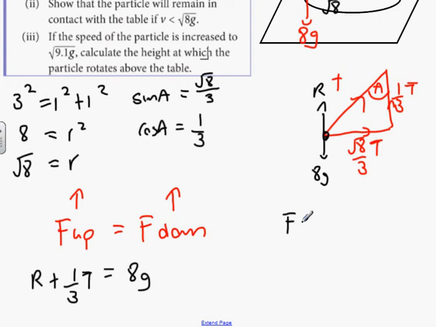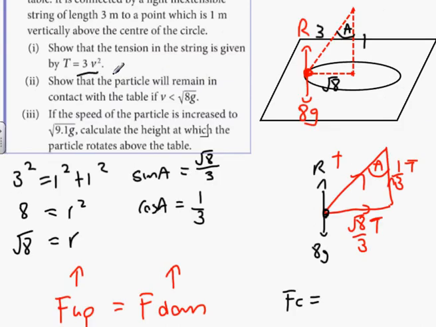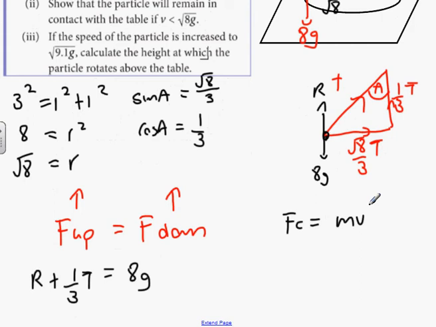And then centripetal acceleration, is it mv squared, or what are we doing here? mv squared over r. So root 8 over 3 T ends up to be equal to 8v squared, oh, over r.